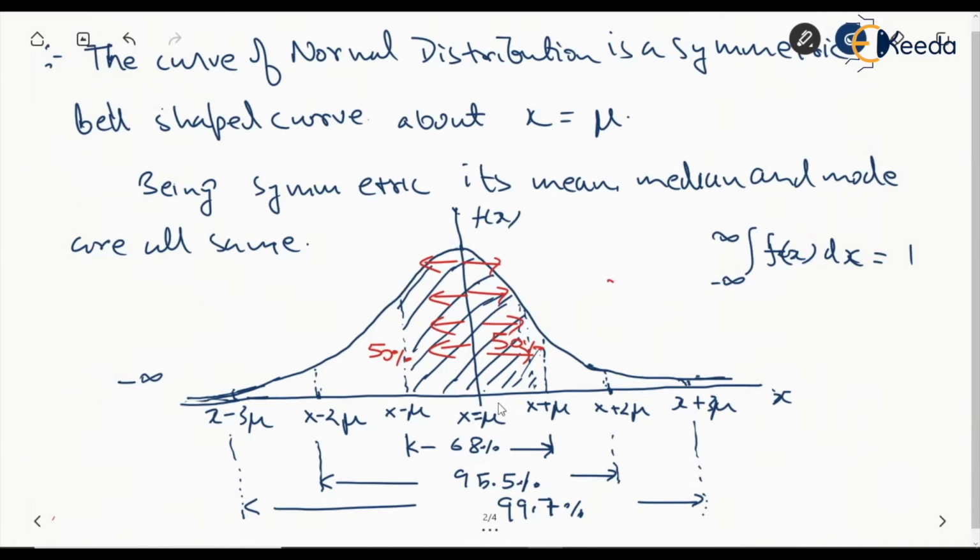So any absolute difference from the mean will have the same area. That is also what we have to consider, right?